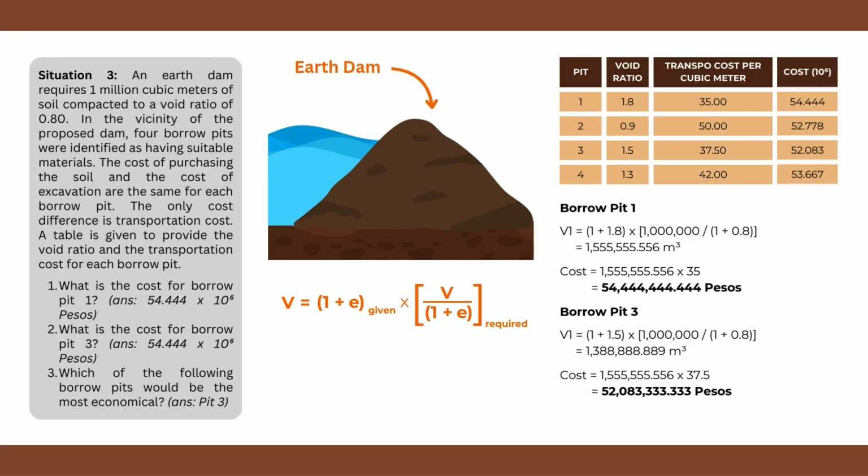Pero andito pa rin naman sa screen yung answers para ma-verify nyo if tama yung mga makukuha nyong values. Upon checking, masasabi natin na dahil si borrow pit 3 ang may pinakamababang value, yun na rin ang makakonsider natin for the most economical. And with that, this situation is finally solved.